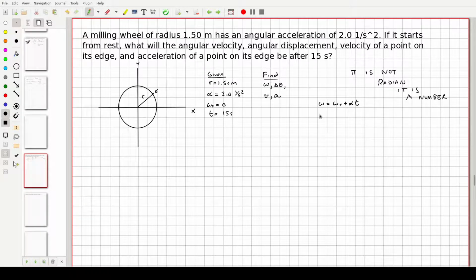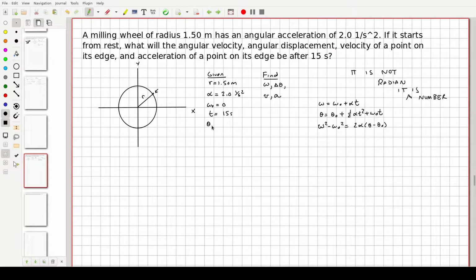There's one. There's another. Oop, not omega. And there's your last. The next thing you do is to simplify.